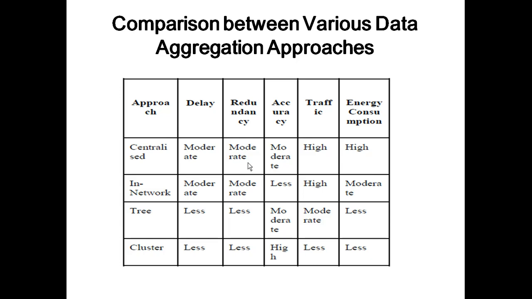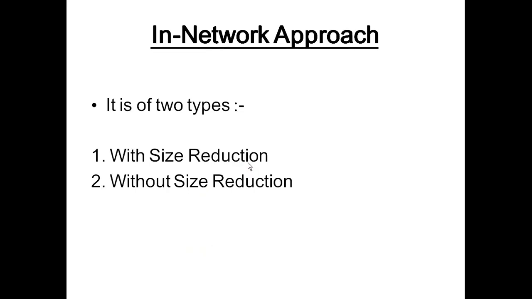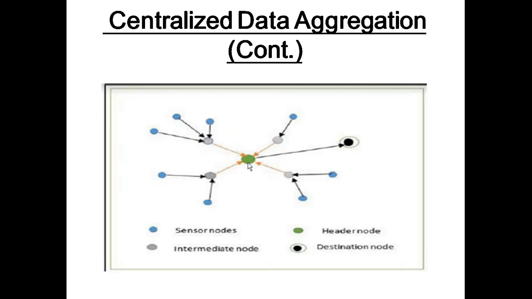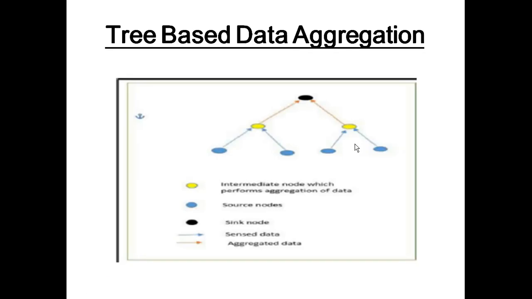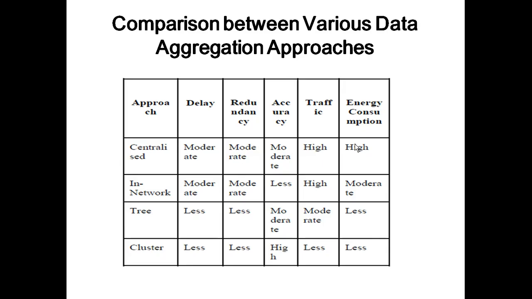Because there are multiple nodes and multiple intermediary nodes, through these intermediary nodes the data is being transferred to a header, and then this header is responsible for sending the data onward. So the traffic is also very high. And next is the energy consumption. Of course, because the network is so spread over the area, over the environment, the energy consumption will remain high.